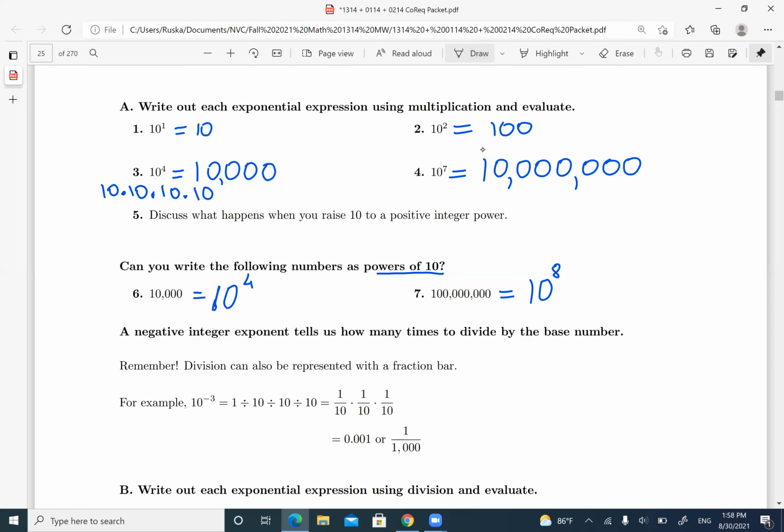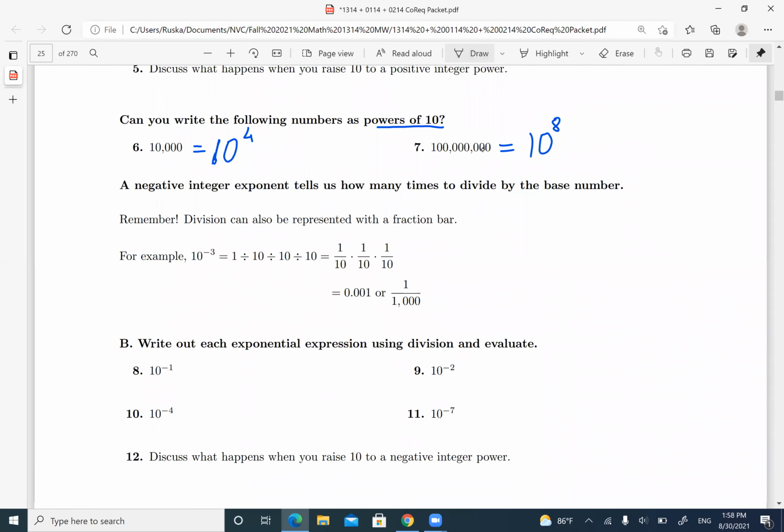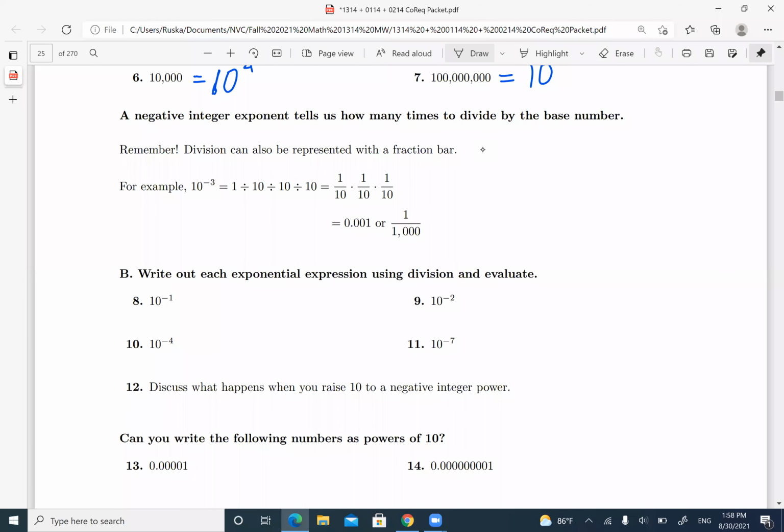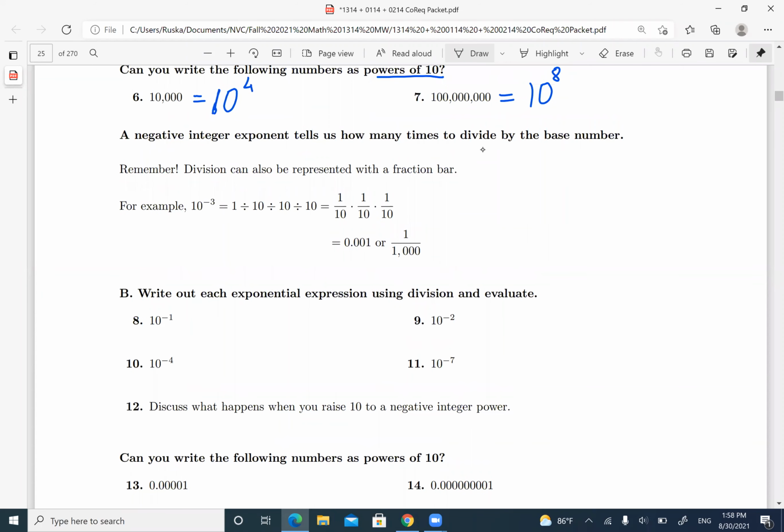The next one you have is about negative integers. If you have a negative exponent, it tells us how many times you divide by the base 10. So why do you divide? Because a negative exponent means reciprocal, and the reciprocal of multiplication is division. The opposite of multiplication is division, right?